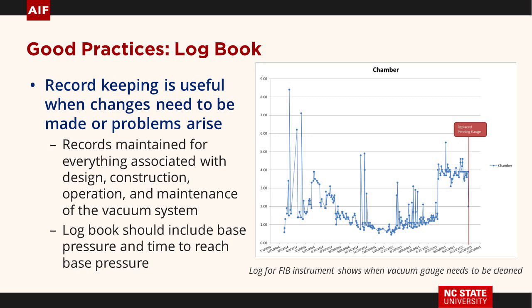In your record should be how long it normally takes you to pump down your system. When did I last change the oil? Did I ever change the oil? Things that are useful. What are the spare parts that I need to fix this the next time so I don't have to look for it? Either here or on your computer, whichever. But you really need to do that. Remember, not with a broken pencil.